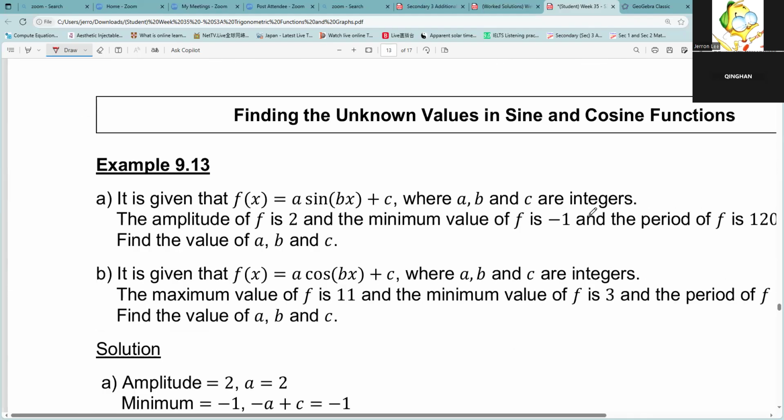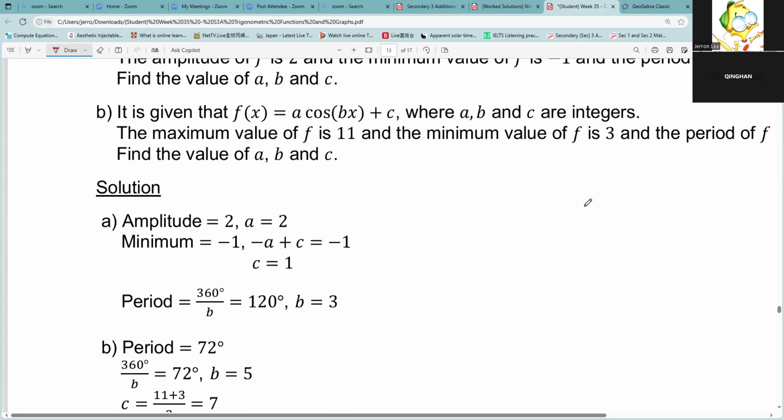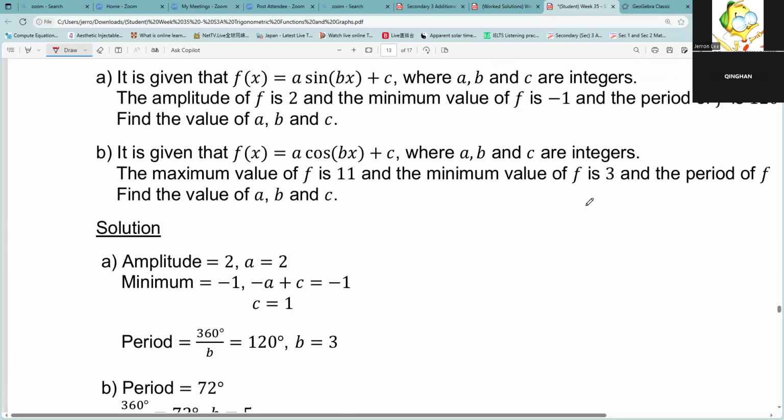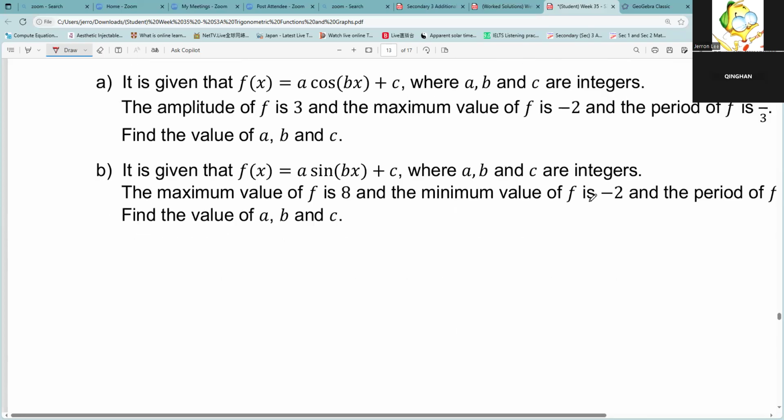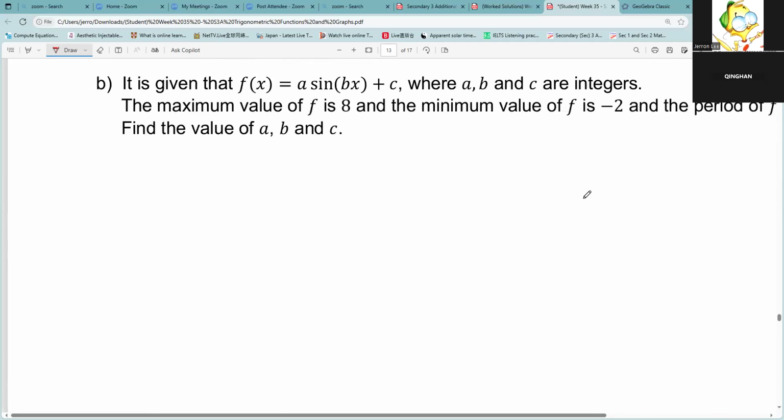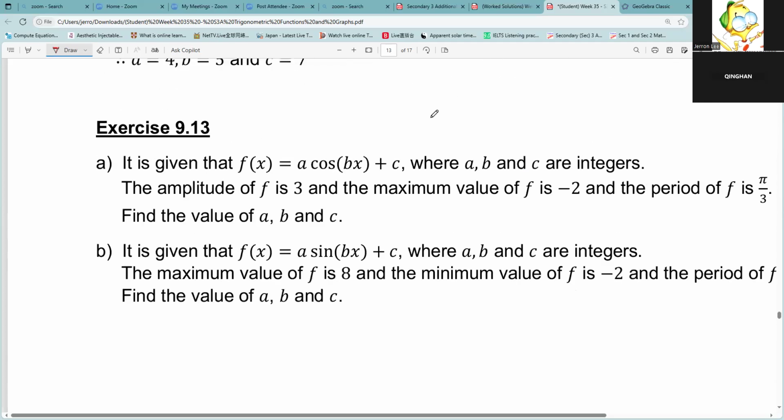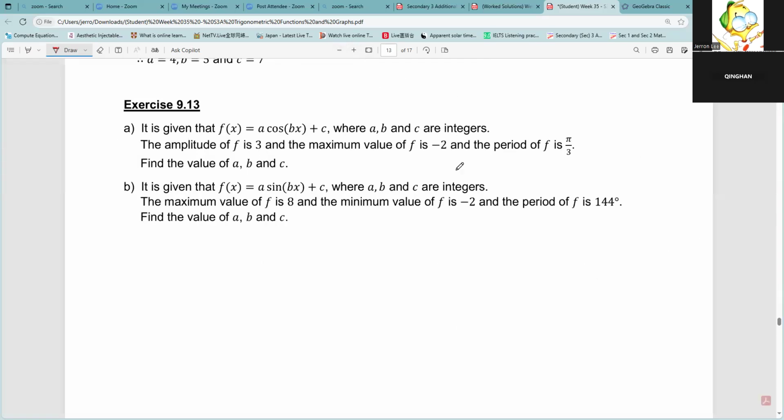Let's say for instance this one. That means they have given you a graph. This one, can you see? Look at this with me. This is not really a graph but something similar. For instance, exercise 9.13. They give you amplitude, they give you maximum value, they give you period, they ask you what is A, B, and C. Yes, this is the second part.